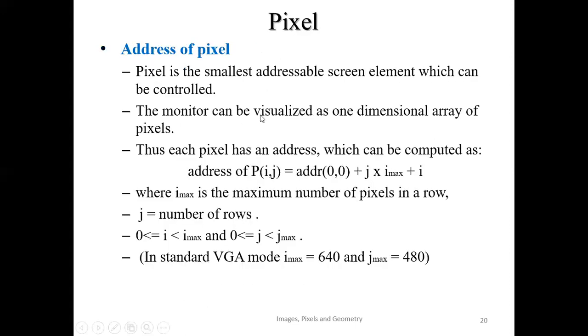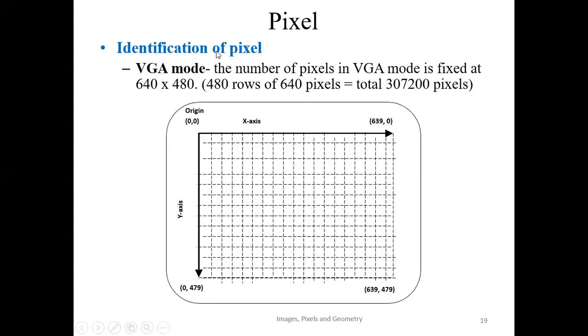To draw an image using pixels, we first have to identify which pixel to draw. That means if I ask you to draw an A, you first have to identify where to start the A, from here or from here or from here. You have to first identify where you should draw the object.